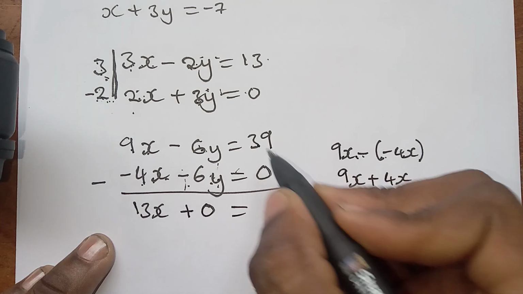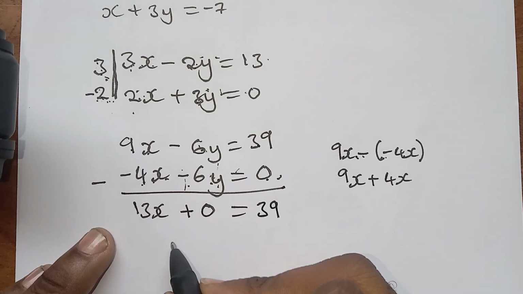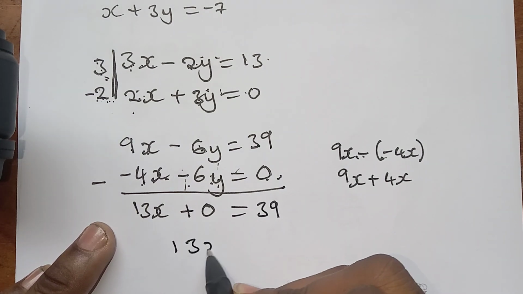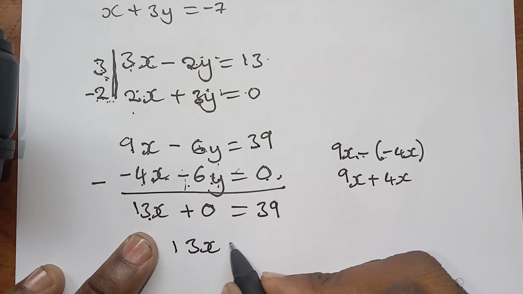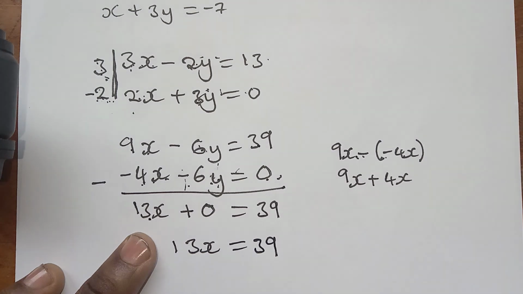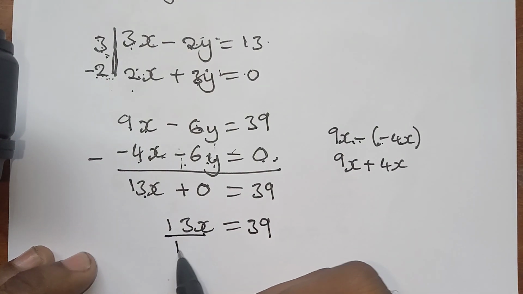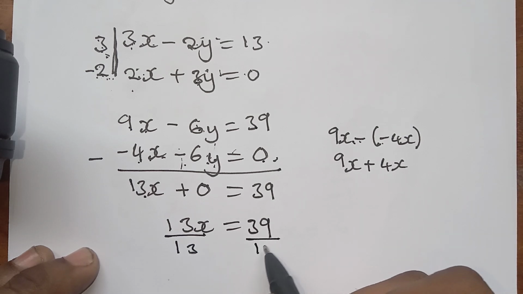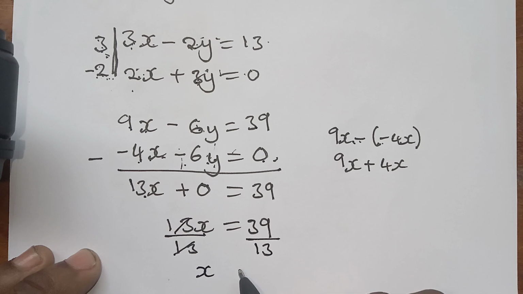And then 39 minus 0, this will be a 39. And then we have 13x, since 13x plus 0 is still 13x, is equal to 39. So we can divide both sides by 13 to solve for x. So x here will be equal to 3.